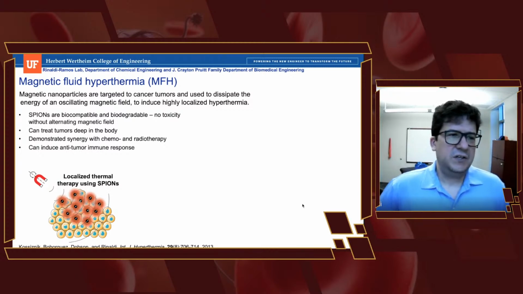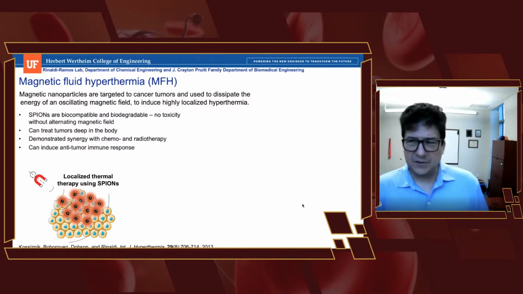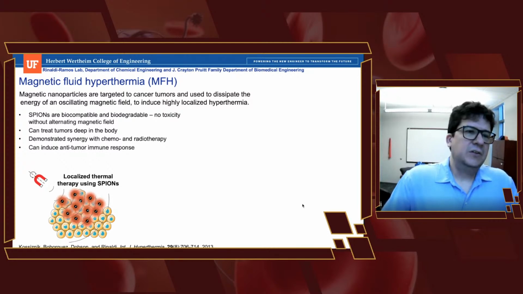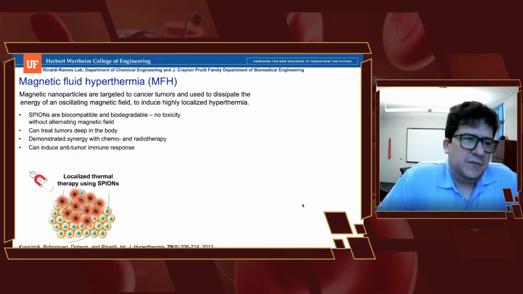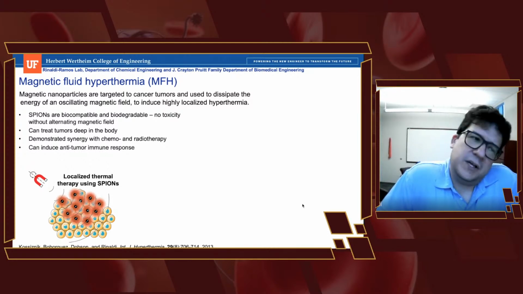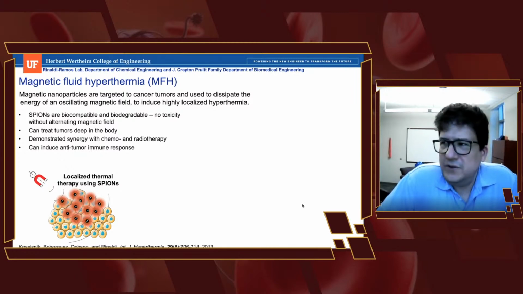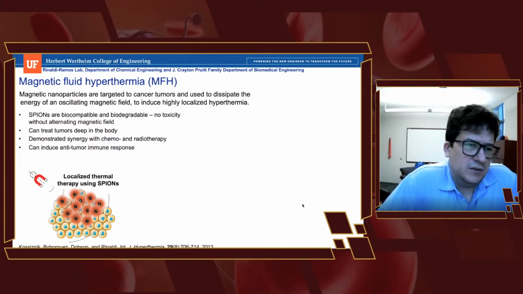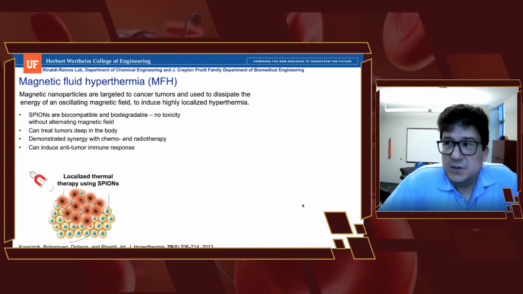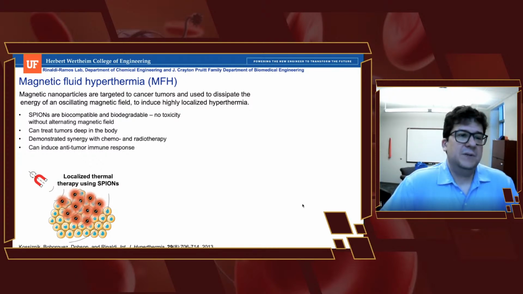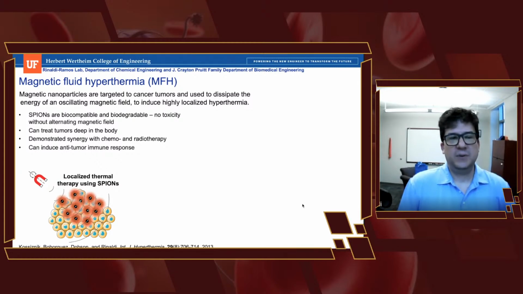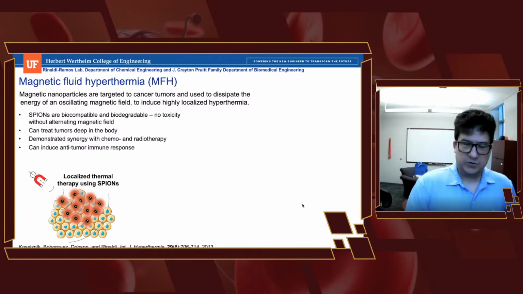And an advantage here is, again, the particles are, in the absence of a field, not toxic. So there's no toxicity without the magnetic field, but there's significant toxicity when you apply the magnetic field. And it has to be a certain field amplitude and frequency in order to obtain significant heating. This is something that can be used to treat tumors deep in the body. And there's been demonstrated synergy with chemo and radiotherapy, and it also can induce an anti-tumor immune response.